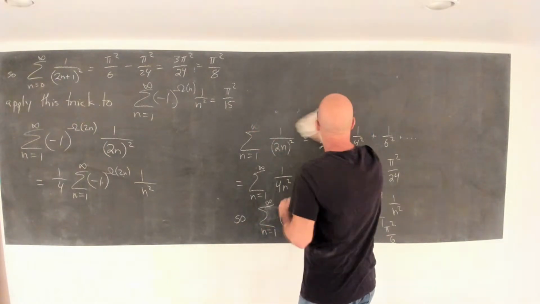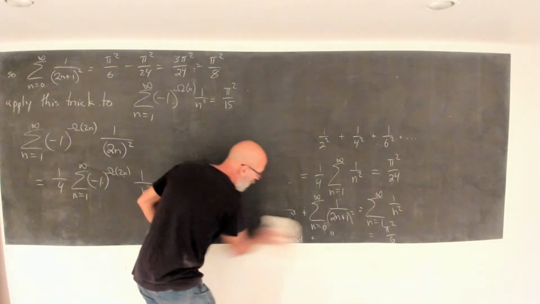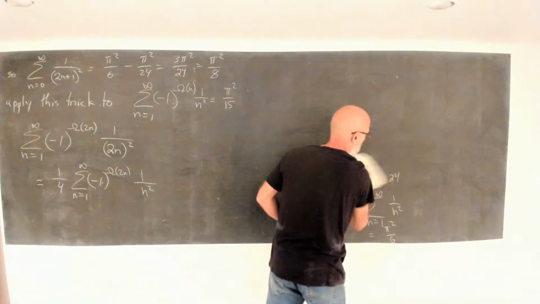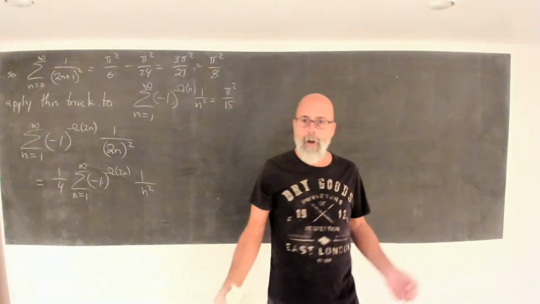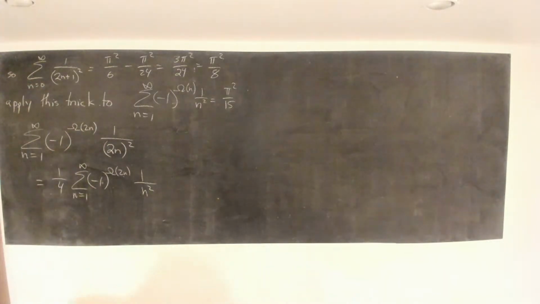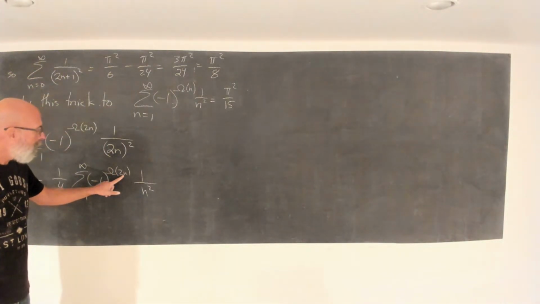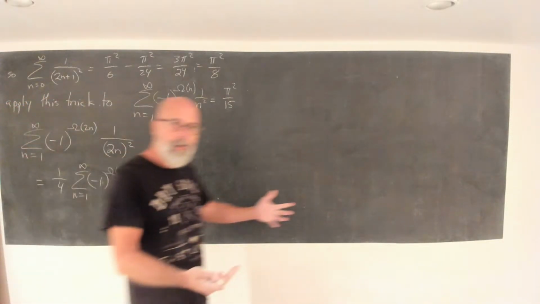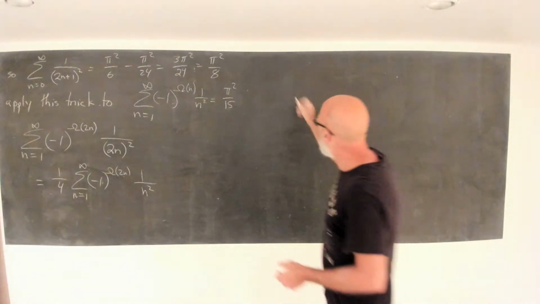Well, omega counts how many prime factors you have. So how many primes, right? Omega counts how many prime factors you have. So here you're going to have an extra 2.